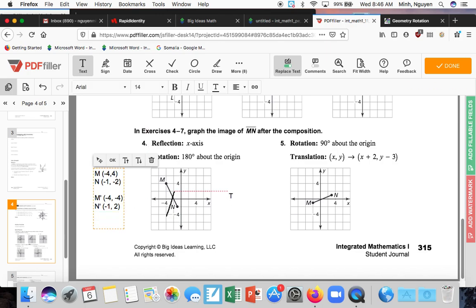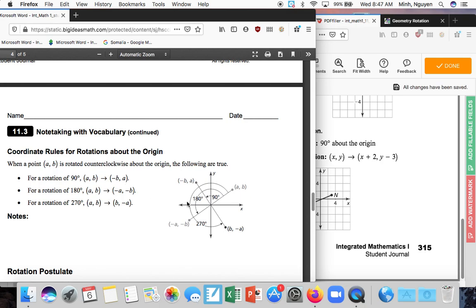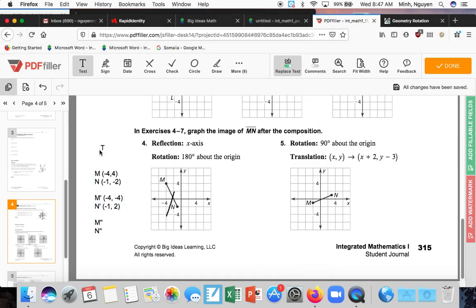So right now, here's what I'm after. I'm starting off at, so my rotation rule is 180 degrees, A, B goes to negative A, negative B. So we're going to start here, because I've already made one movement, the reflection, and I have to make the second movement, the rotation.